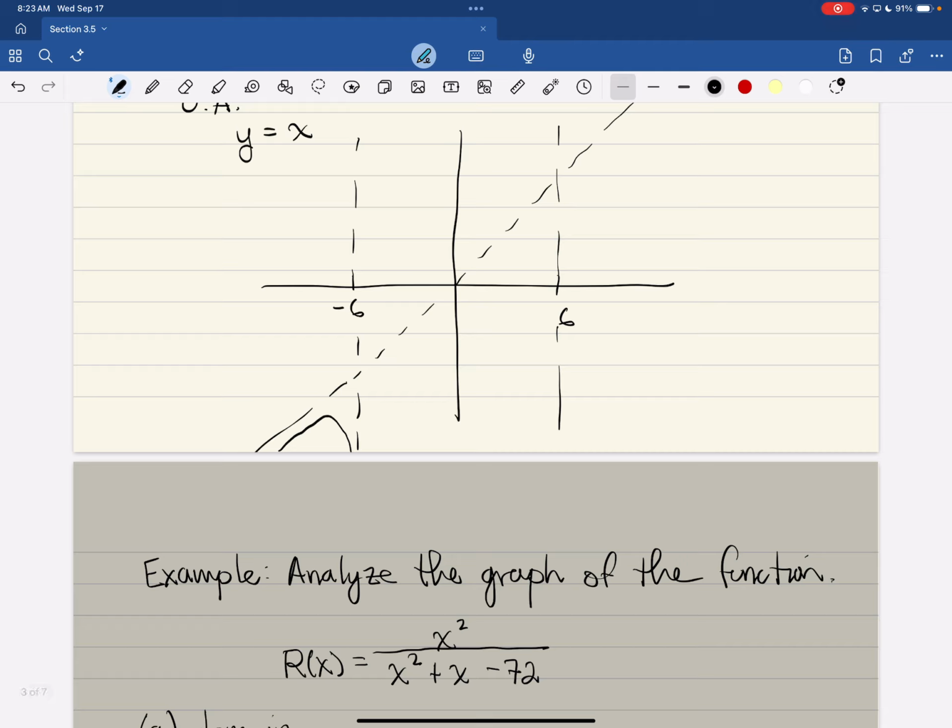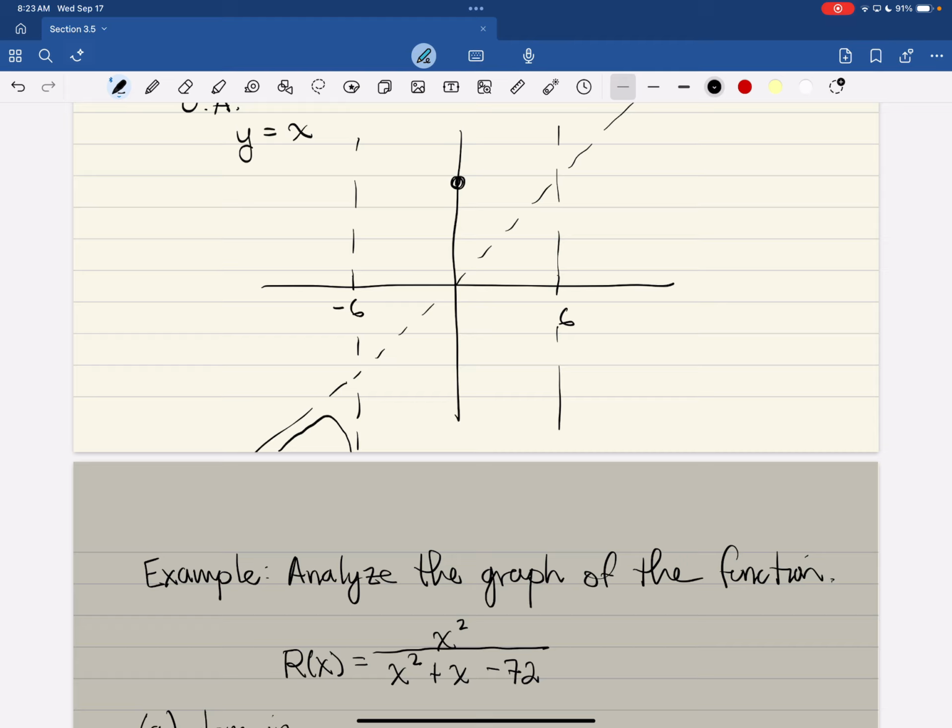What about in between those two? Here we could try plugging in 0 and see what we get, right? So if you plug in 0, you're going to get a positive number, 125 over 36. So you're going to have a point somewhere here, and as you go to the left and to the right, you need to go along the asymptotes.